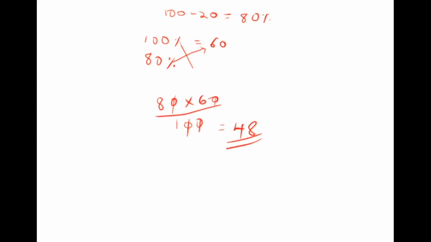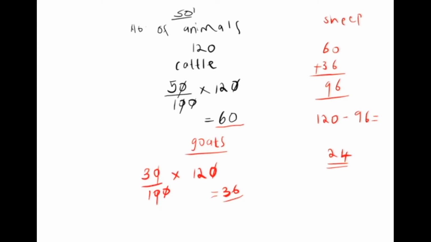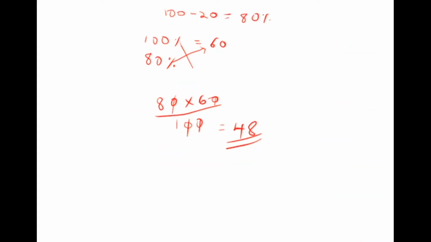Then we are asked how many animals did he finally have. From there we are going to add 45, plus 36, plus 48, which will give us 129.